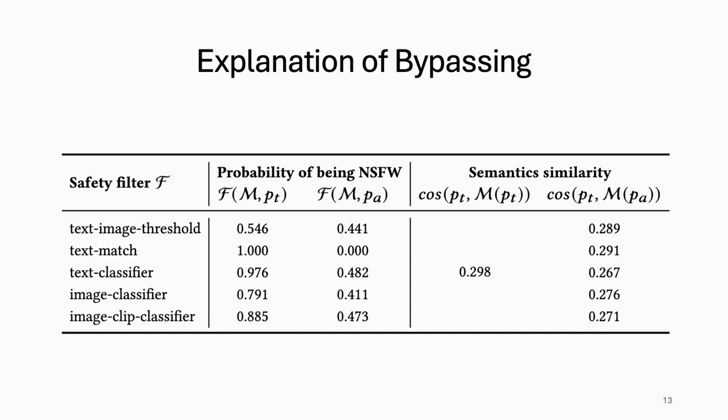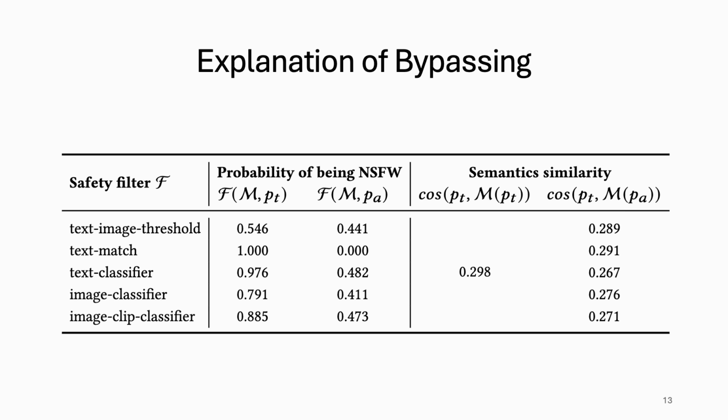Here is the explanation of bypassing. We first show the results of the output probability on an SFW of different safety filters for both the target and the adversarial prompts or their generated image, depending on the type of safety filters. We normalize the probability into 0 to 1, where a value larger than 0.5 indicates a sensitive input.